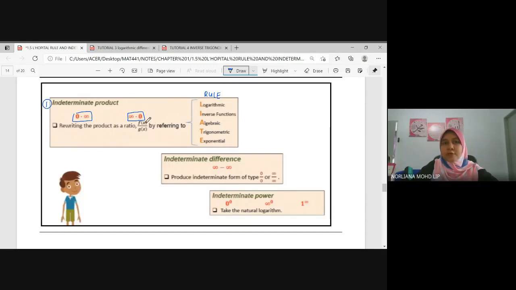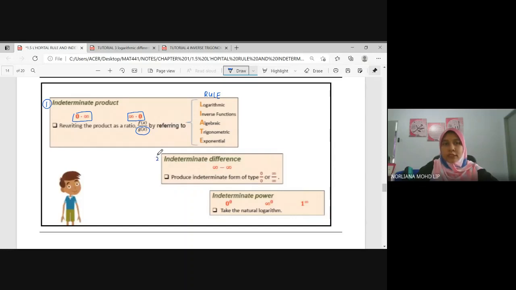So depending on f of x, if f is a logarithmic function, we have to put L for f. And if the function involves algebraic, we have to put algebraic at g of x. Okay, based on this rule.